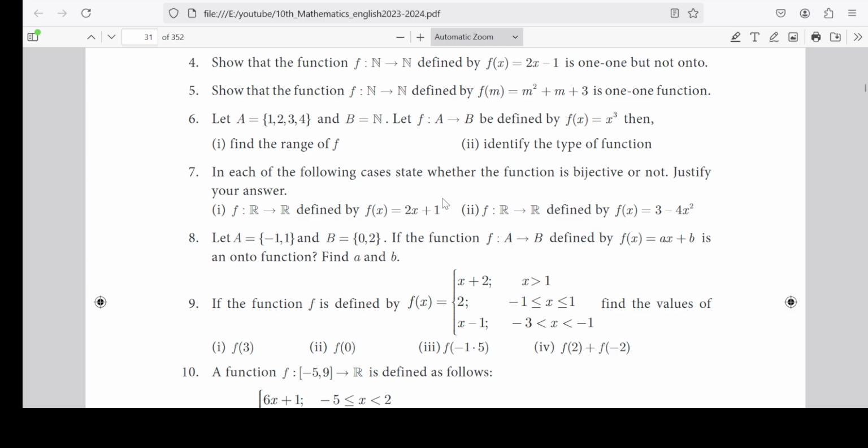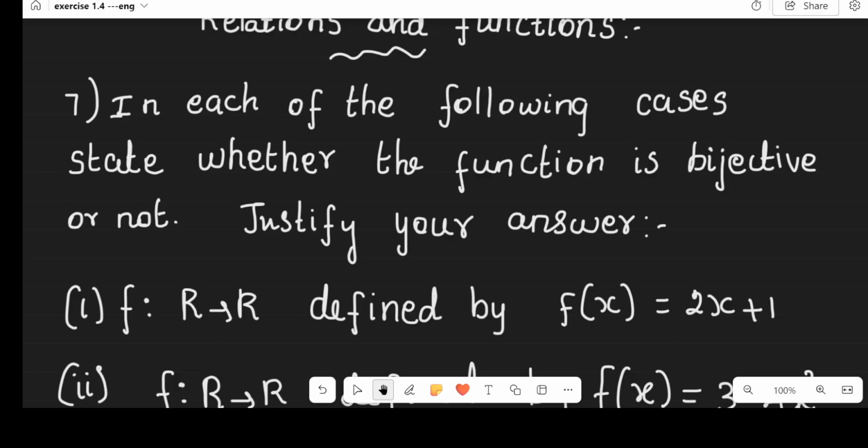The function should be a one-to-one function, and that function should satisfy the onto condition also. Once you get it, in the problem we'll be able to find out the answer. Let's start solving the problem now.